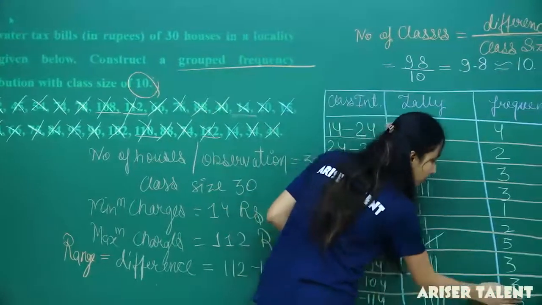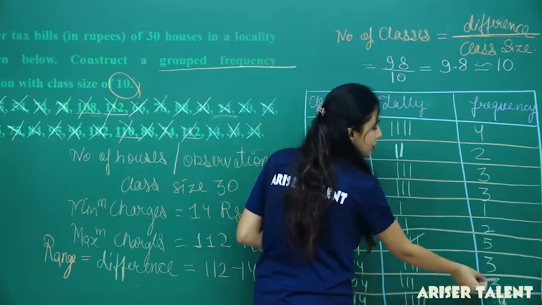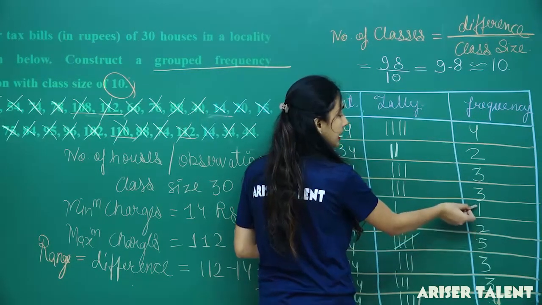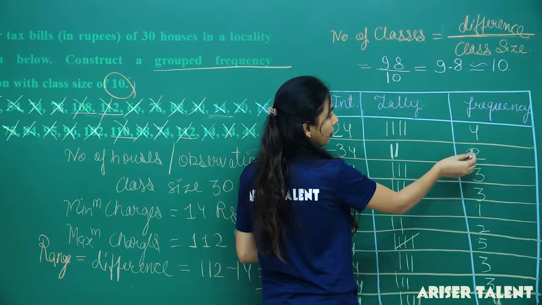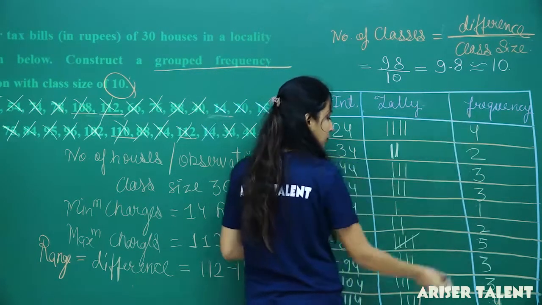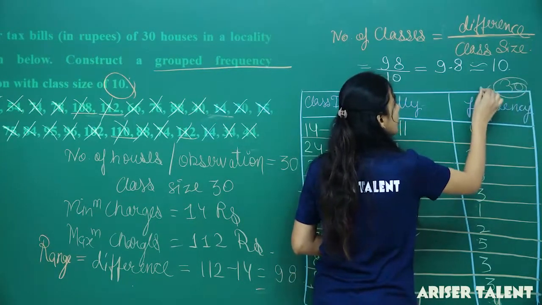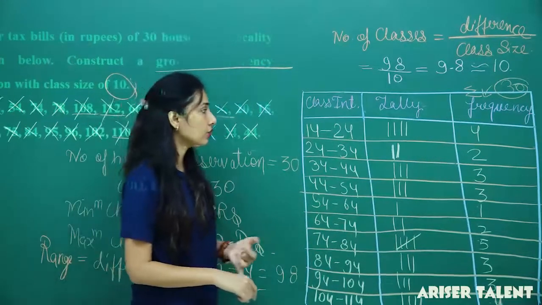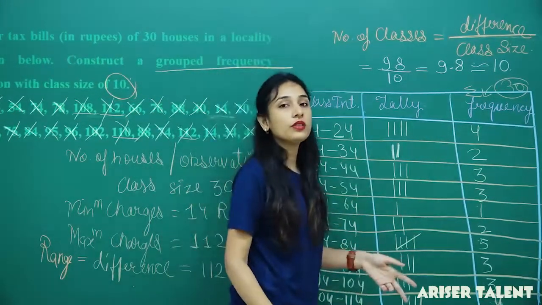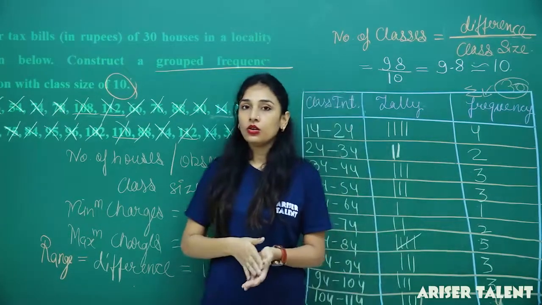So, there are 4. Now, 4 plus 6 is 10, 15, 16, 17, 18, 21, 24, 26 and then 30. So, the frequency total is 30 here. The summation of frequency is the number of observations. That means we are good with that.